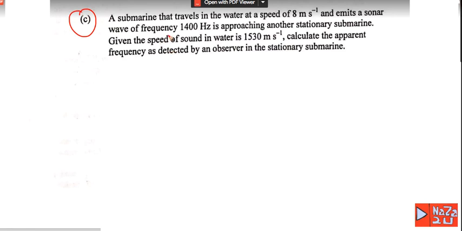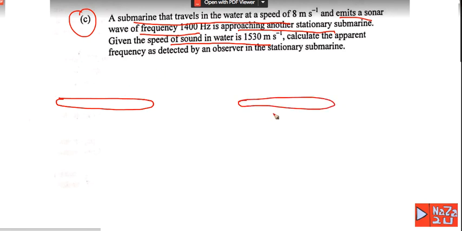This is related to the Doppler effect equation. A submarine travels in water with a speed of 8 meters per second and emits sonar with frequency 1400 Hz, approaching another stationary submarine. Given the speed of sound in water is 1530 meters per second, calculate the apparent frequency. Let's say this is submarine 1 and this is submarine 2.